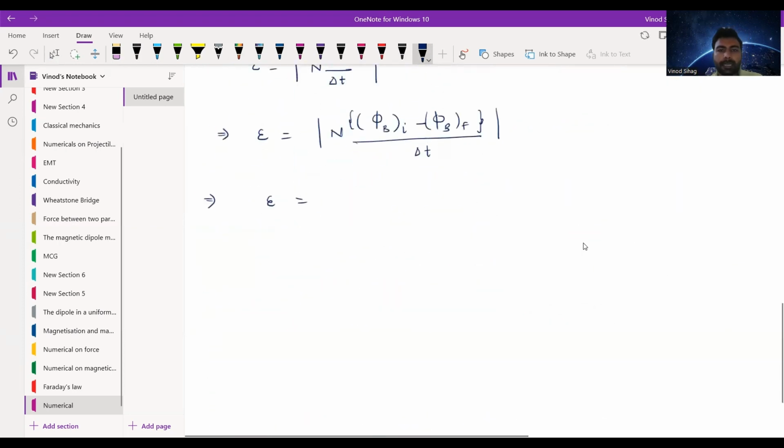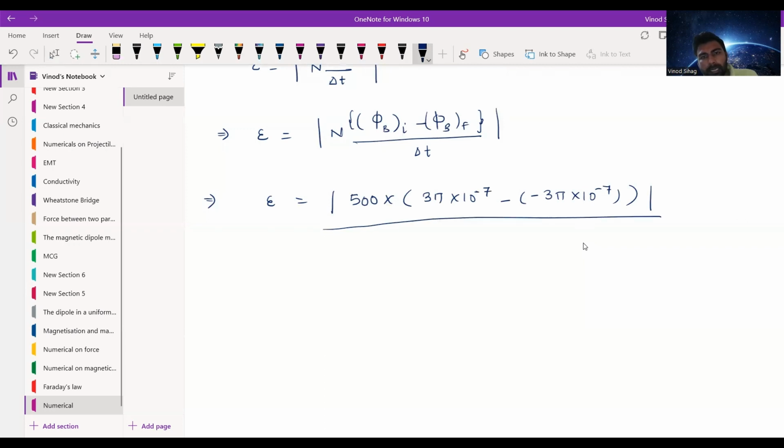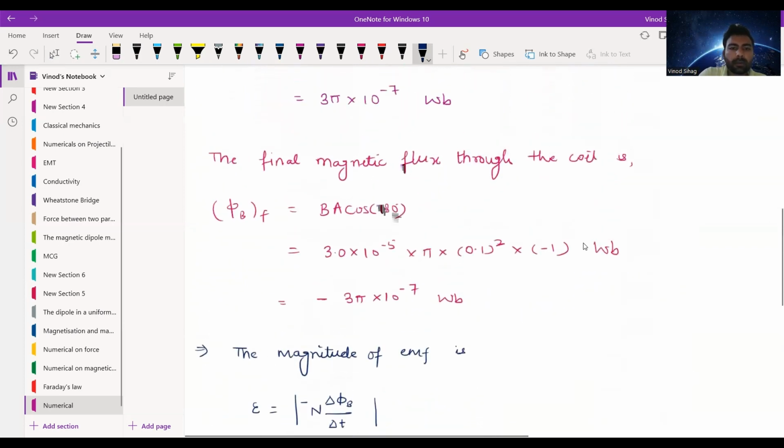So basically, we will get 500 multiplied by the initial flux, 3 pi cross 10 to the power minus 7, minus the final flux, minus 3 pi cross 10 to the power minus 7, and the time is 0.25 seconds, and the unit will be volts.